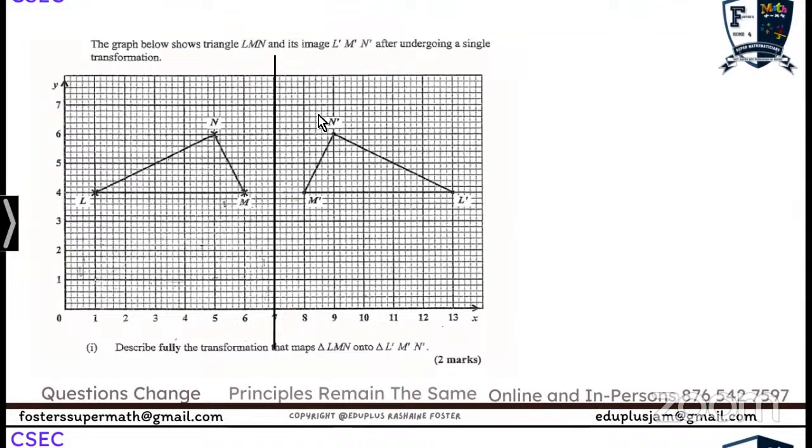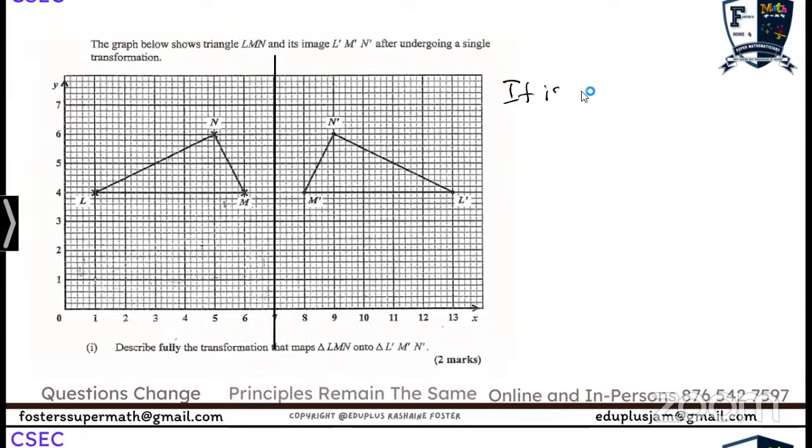Another one jump. Let's check N. How many jumps from N to the mirror line? 2. And from the mirror line to the image? Also 2. Let us check the L. It's 1, 2, 3, 4, 5, 6. 1, 2, 3, 4, 5, 6. That is how I know that it's a reflection.